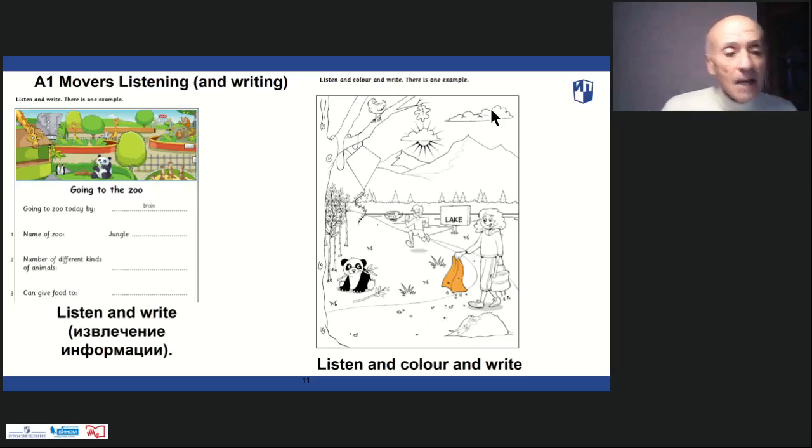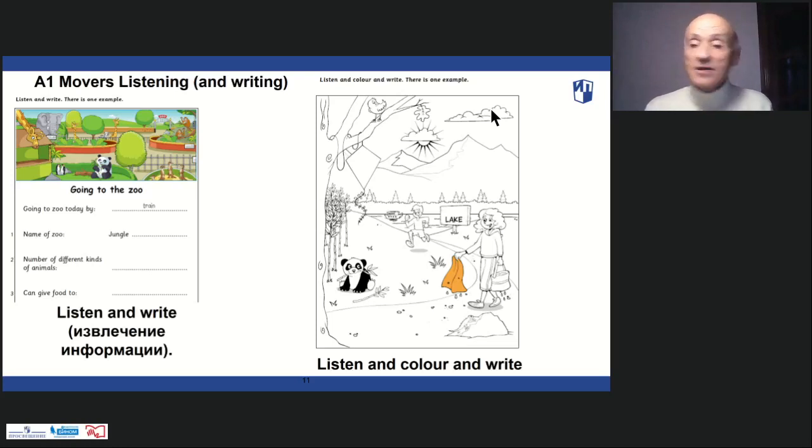Going to the zoo today by what? By train, and name of the zoo, jungle, and then they have to continue to give the complete name of the zoo.